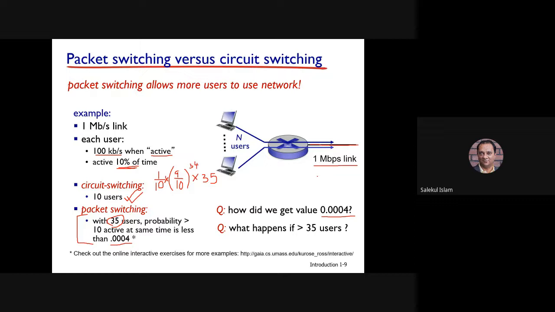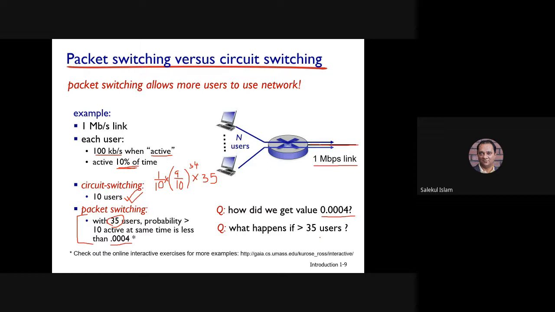So what will happen if we have more than 35? Maybe if we increase up to 40, using this math, we will see that, okay, it's safe. Maybe if we increase up to 100, then 5% of time there will be some collision, maybe some packet drops. But maybe that's not a big deal.